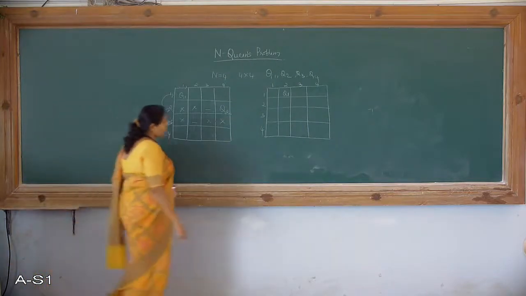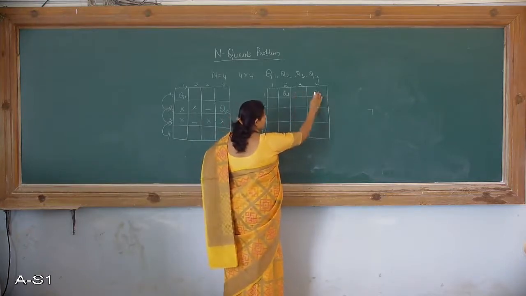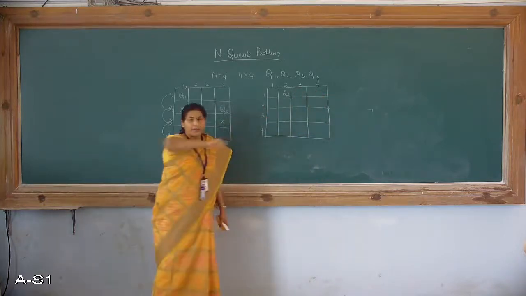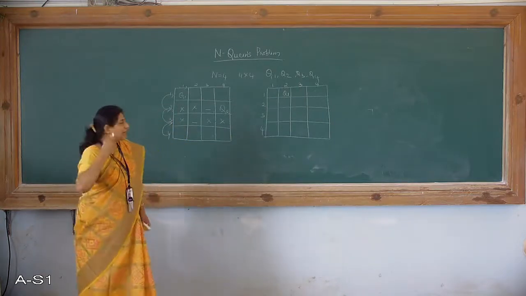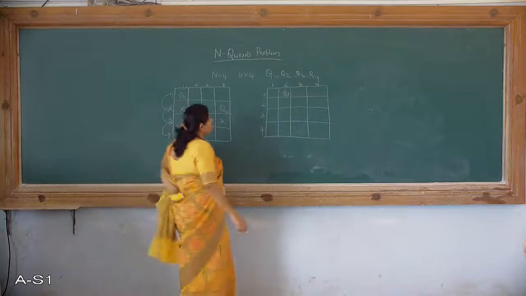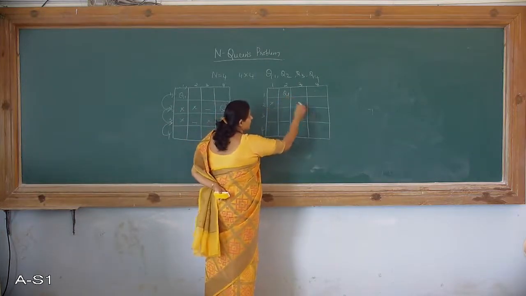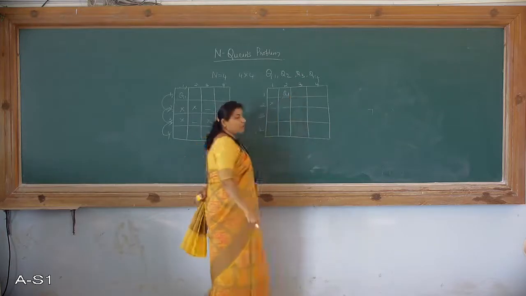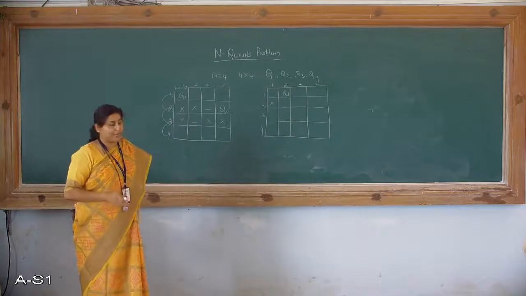So now I cannot place any queens in this row because, as per the rule, row number 1 can have only one queen. So now let us see for queen 2. Can I place here? No, because it is diagonal for this queen. So there would be an attack as per the moves in the chessboard.